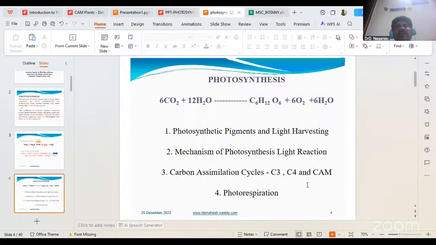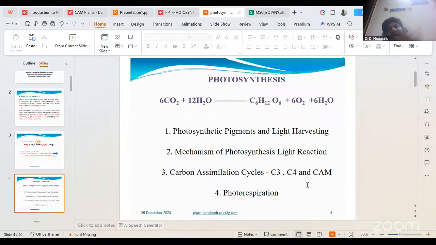And the C4 cycle, where the first product is a 4 carbon product, oxaloacetic acid, OAA.